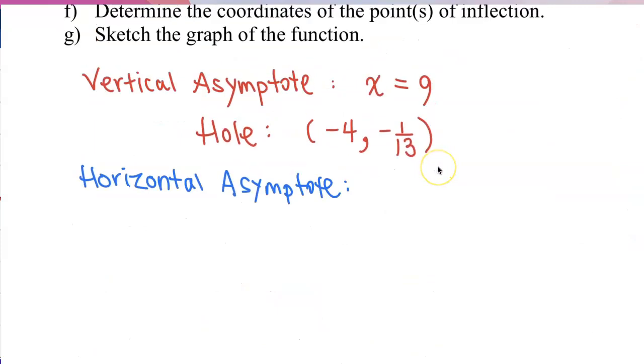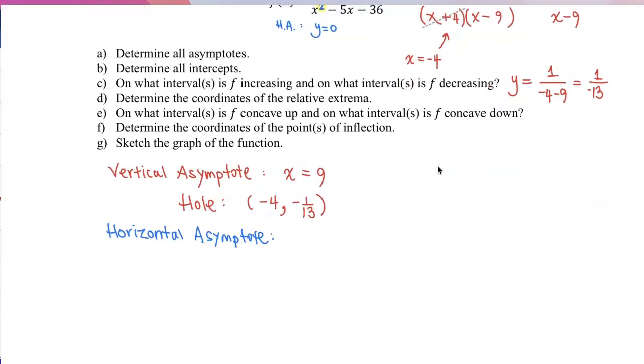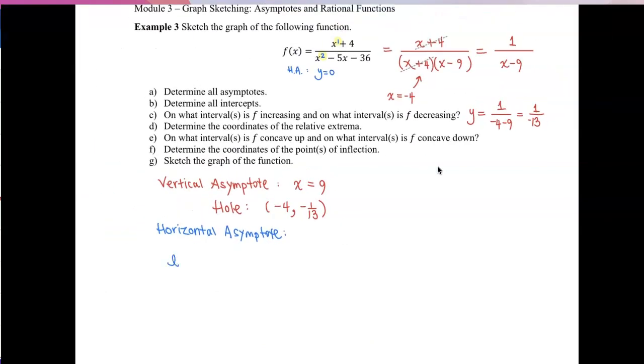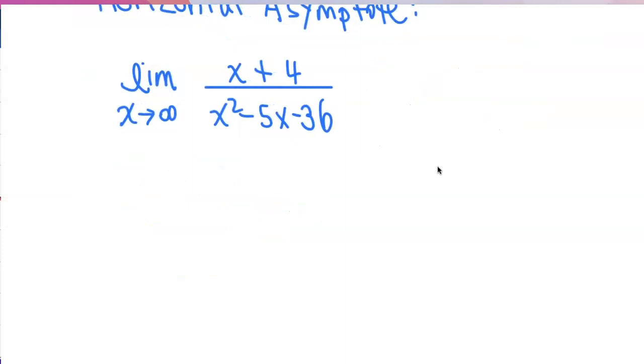But why, okay? Now what I can do is write down the limit as x approaches positive infinity of the function x plus 4 over x squared minus 5x minus 36, okay? And this is a review from chapter 1, really.